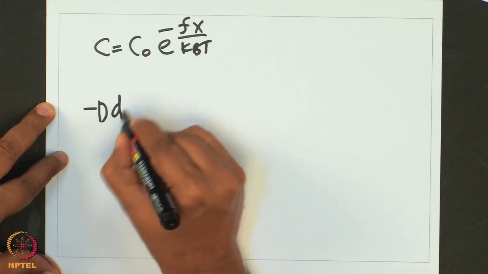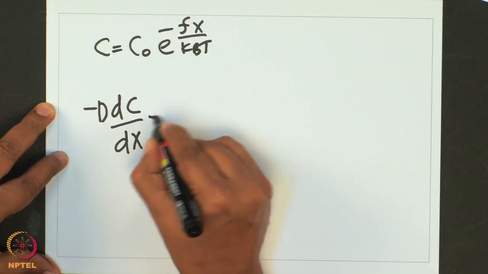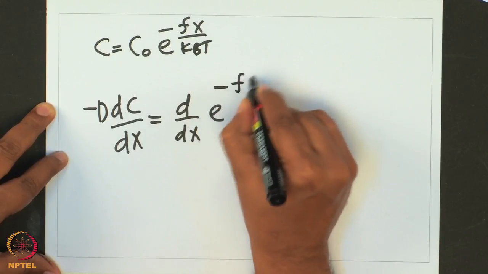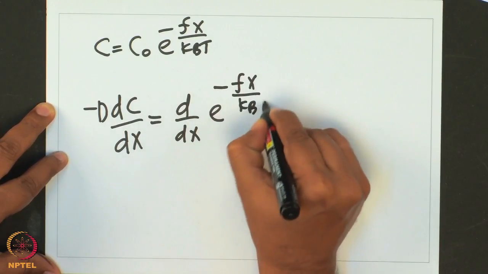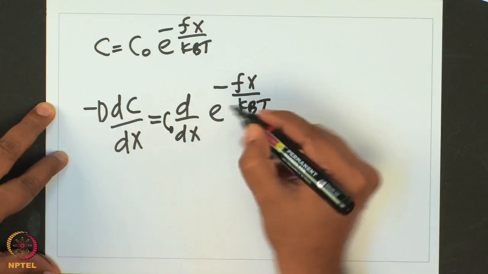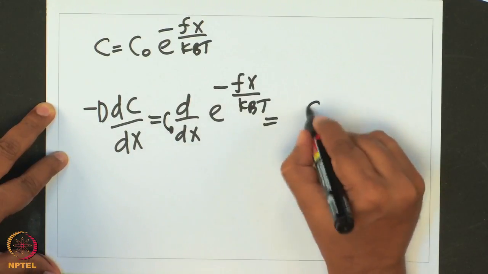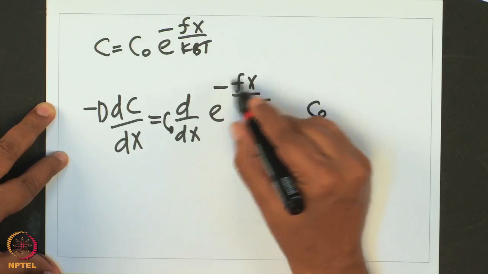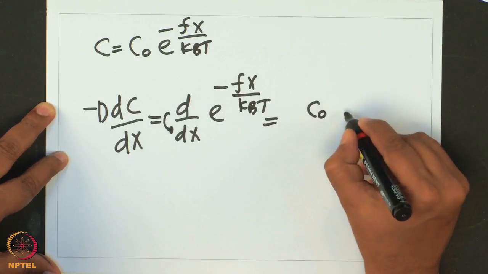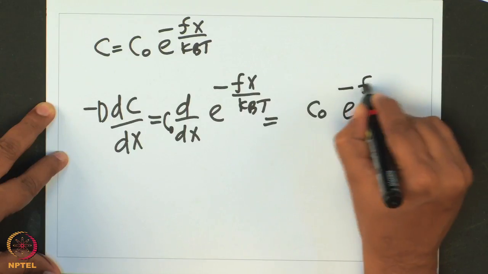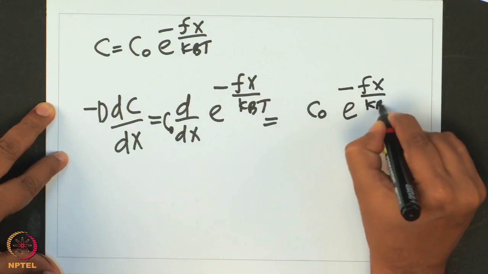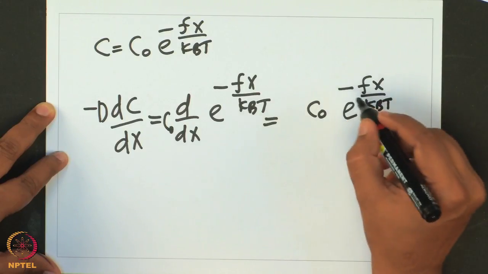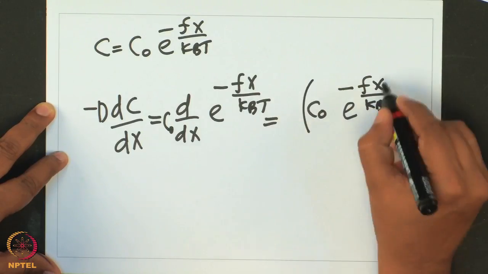Minus D dC by dx would be d by dx of e power minus fx by kBT, and there is C0 here. The derivative of this would give you C0 e power minus fx by kBT, and a factor of minus f by kBT will come.